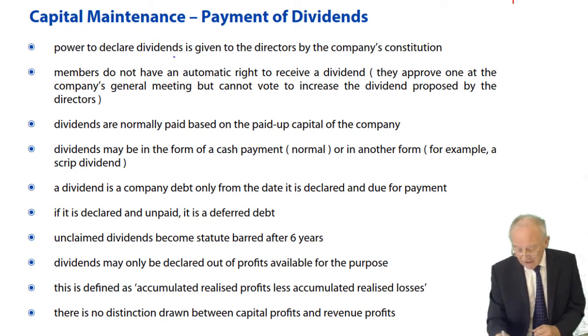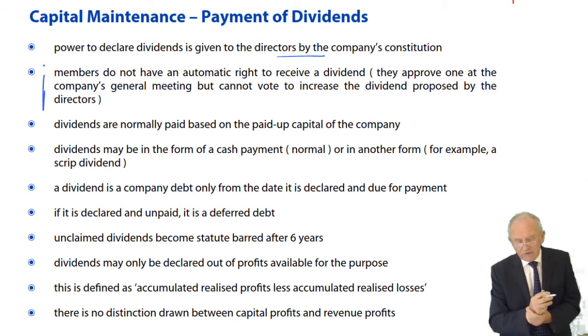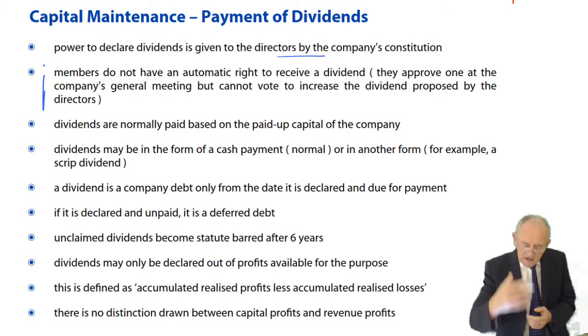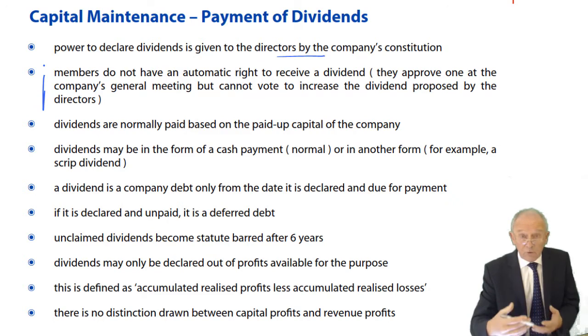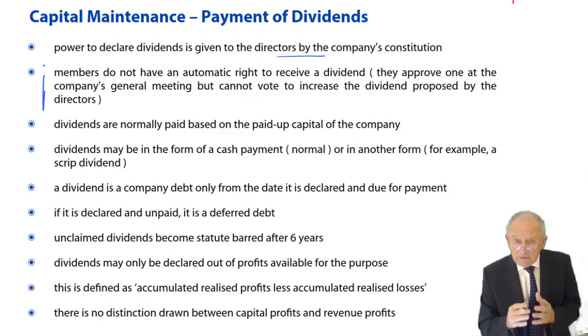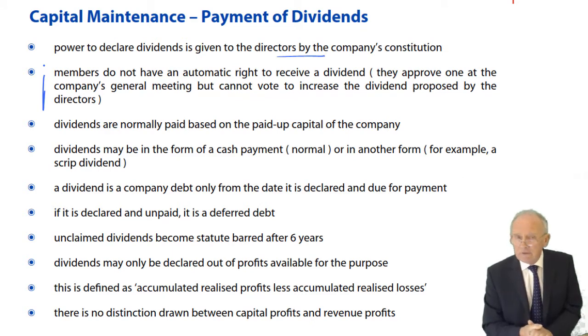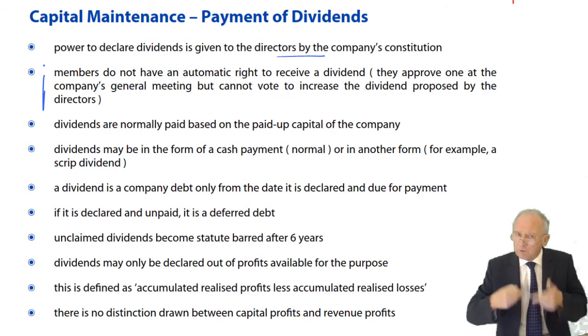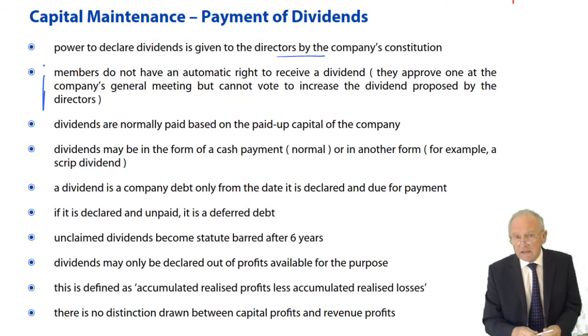So the power to declare is given to the directors. Members don't have an automatic right to a dividend, not even preference shares with their fixed rate of dividend. It has to go through this process of proposing and declaring.